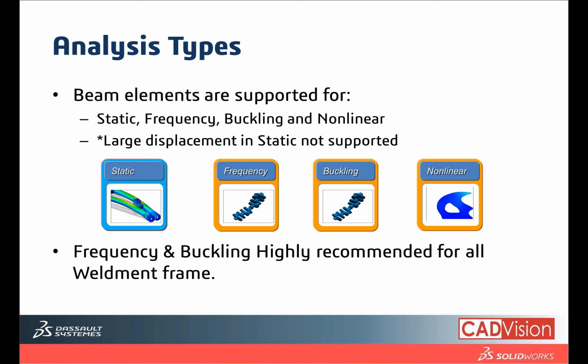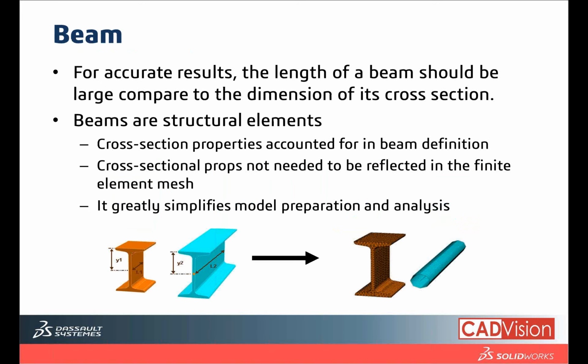Because those will consume a lot of time if you run those studies with solid meshes or solid elements. Some of the things you need to bear in mind is that in order to get accurate results, the length of the beam should be large compared to the dimensions of the cross-sectional area.